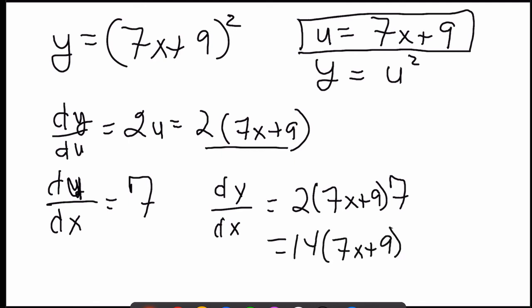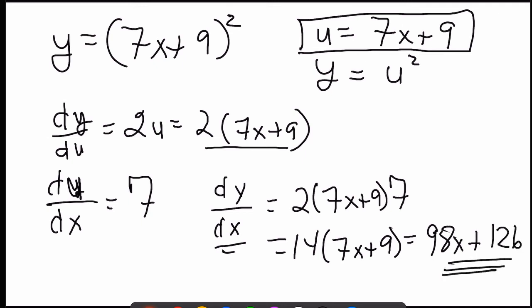Do you want to multiply that out? Because we're having a good time. 7 times 14 is 98x plus 126. It's dy/dx. Now, just to prove that we're not wrong, let's do this the hard way.